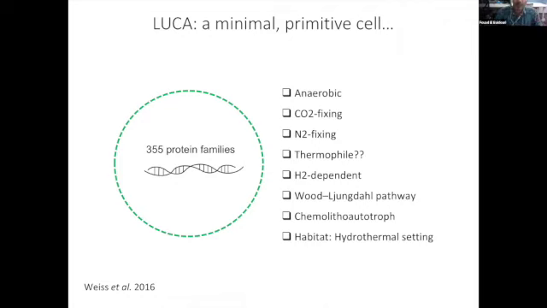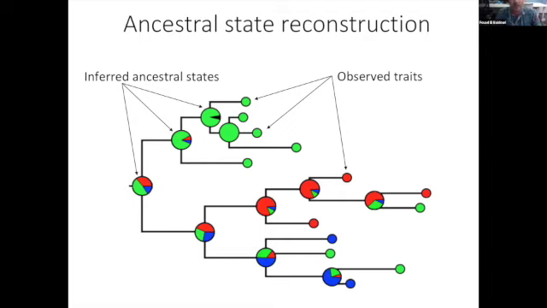In order to do that, we used what we call ancestral state reconstruction. Basically, you use observed traits for extant taxa of bacteria and archaea, using different evolutionary models and a phylogenetic tree with branch lengths, and you try to infer probabilities for the ancestral states.